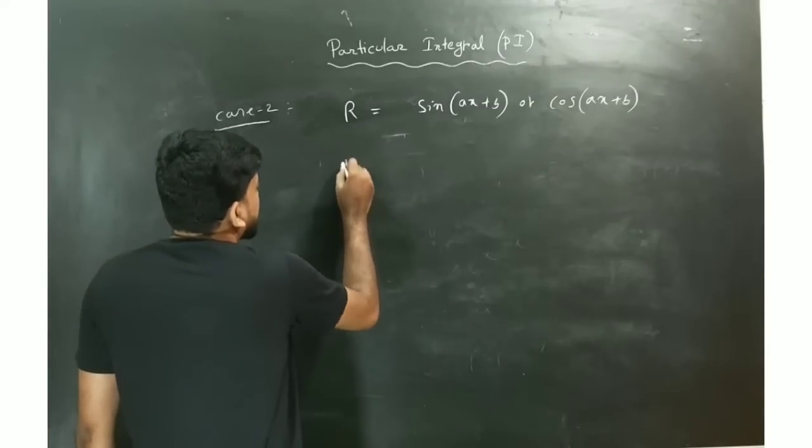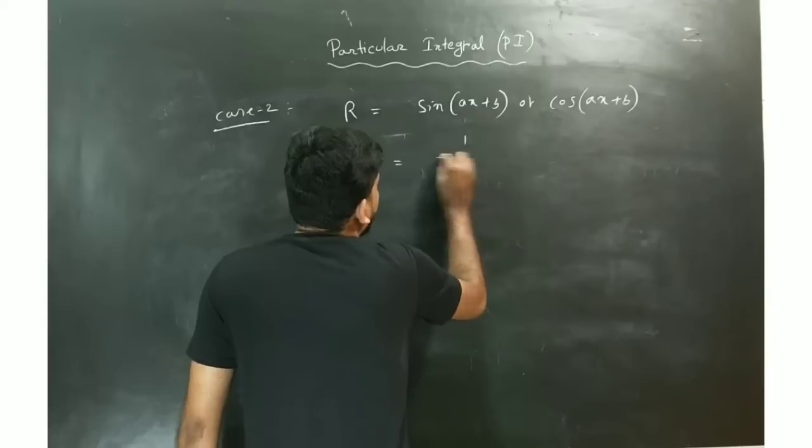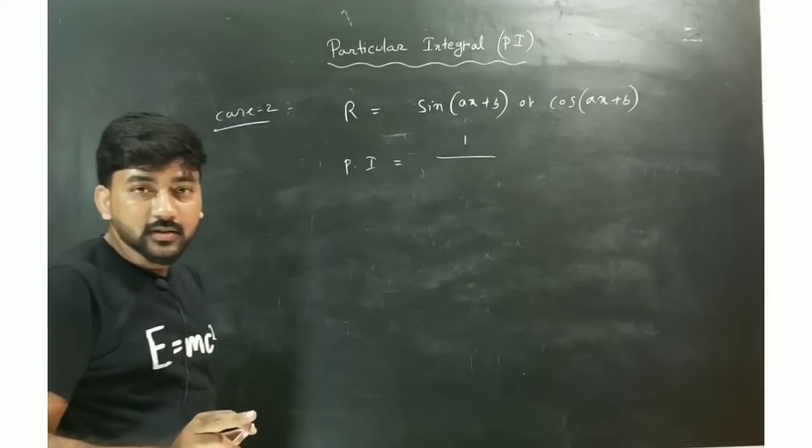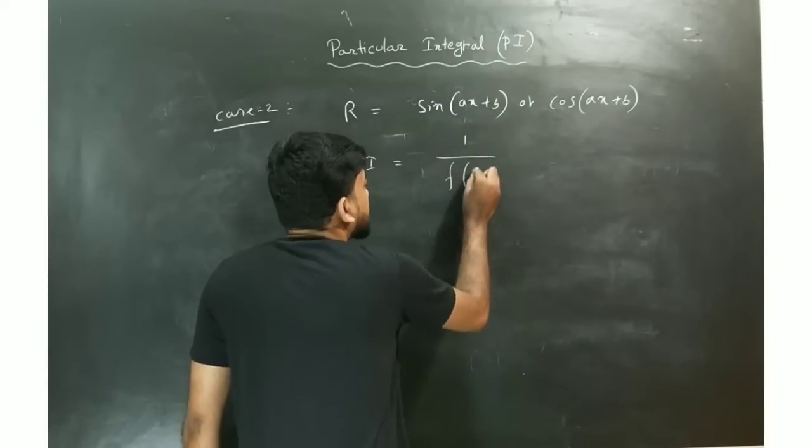In that case, your particular integral will be something like this: 1 upon f of D, and you always need f of D as f of D square.